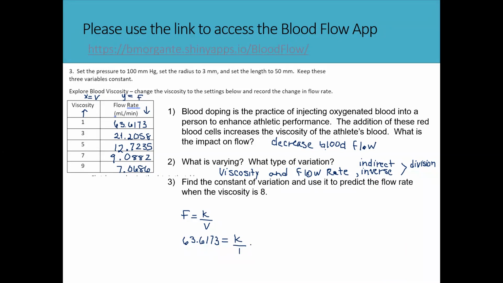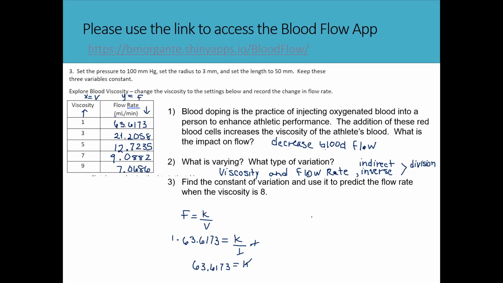So to get rid of the 1 in the denominator, I would multiply by 1 on both sides. And I told you, typically that gives us the easiest math. These cancel. And taking 1 times anything is that thing. So my constant is 63.6173.